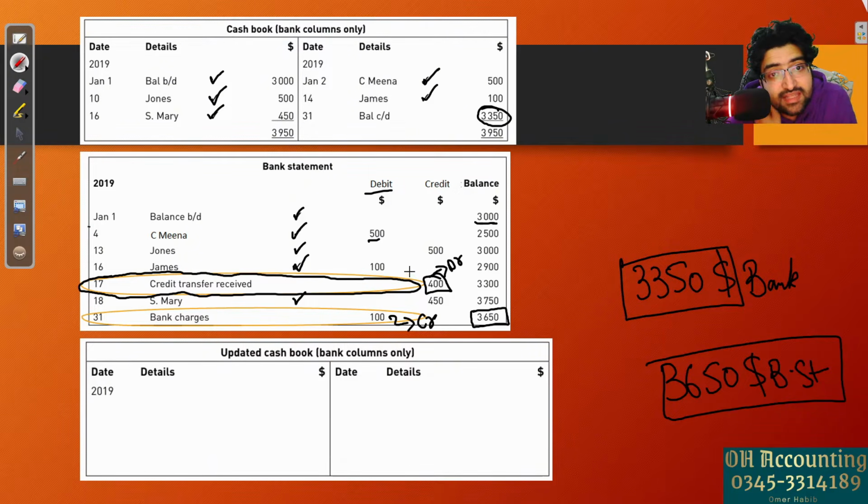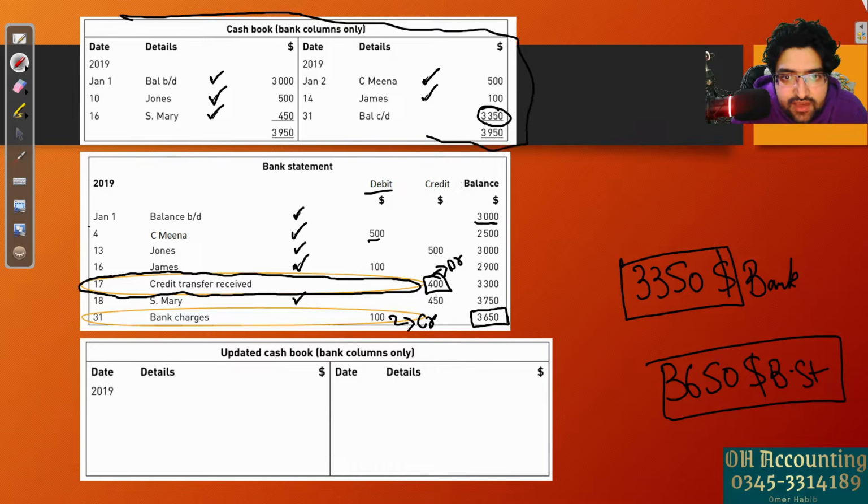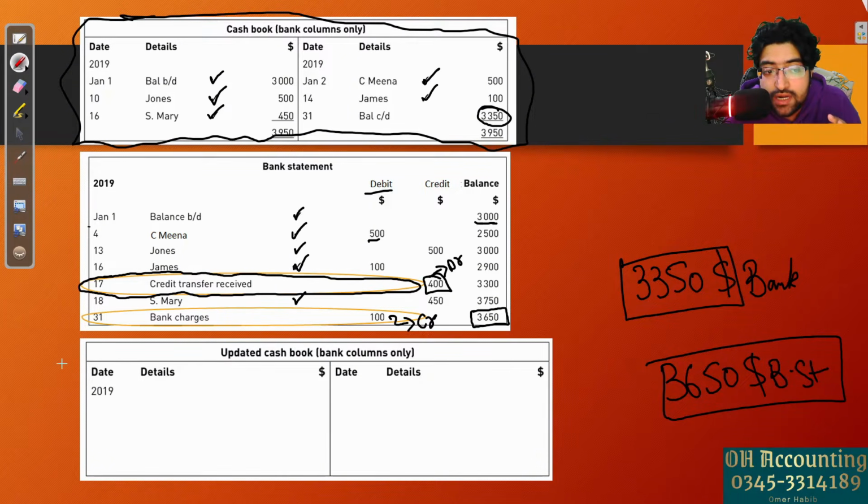So how do we record these things in the cash book now? The cash book is already prepared. As you can see, this is the cash book we have prepared. So how do I include these things that are missing from the cash book into the cash book now? This is called updating the cash book. Okay? This is the first thing you have to do. After comparing both, the first thing you have to do is update the cash book. Okay?